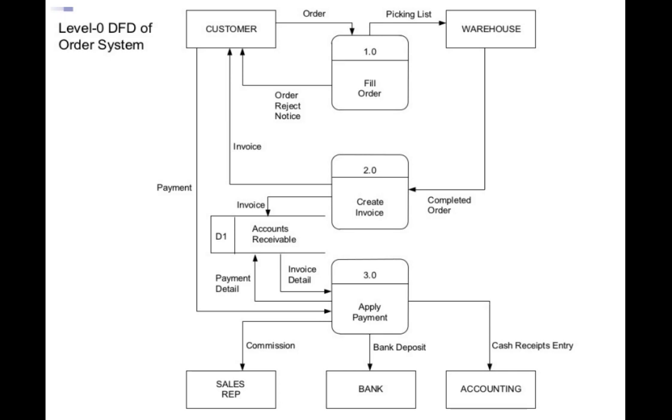With each process you can see process 1, process 2, process 3, numbered 1.0, 2.0, 3.0. Now the further expansion of these processes can be done in the next level 1, level 2, level 3, etc. And thus more details, sub details can be found for analyzing the system further.